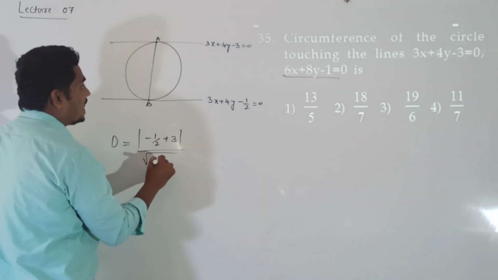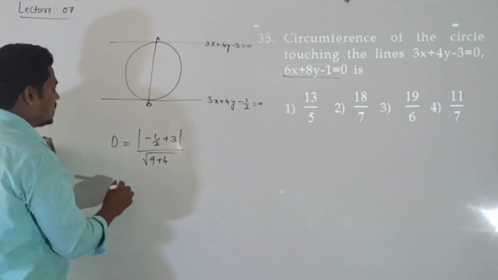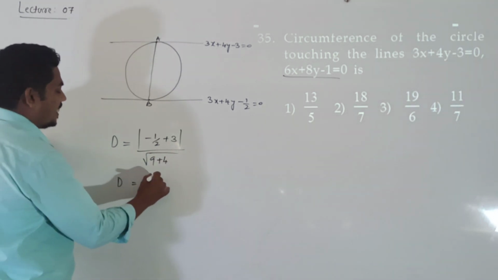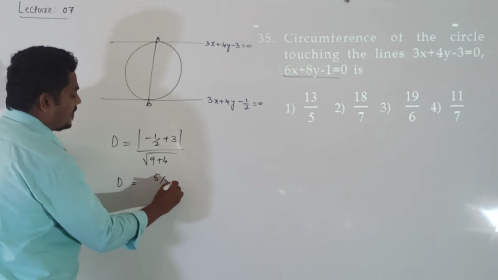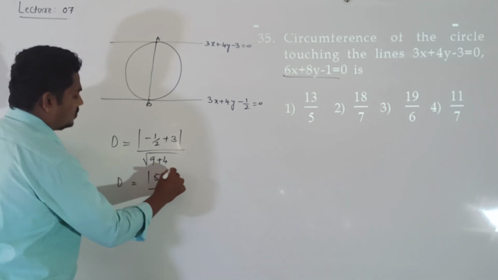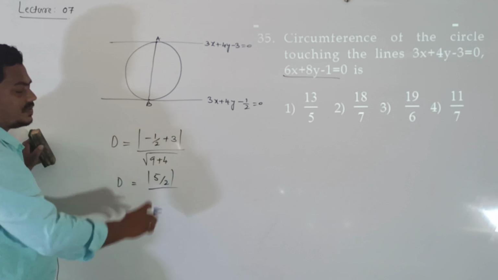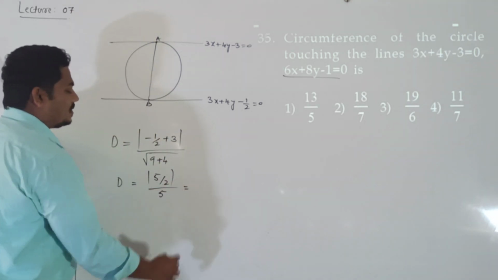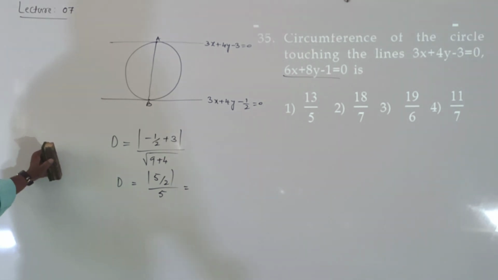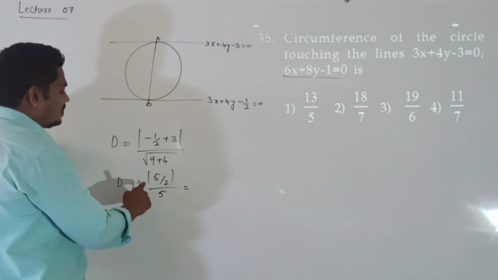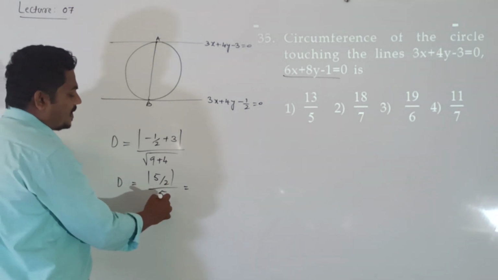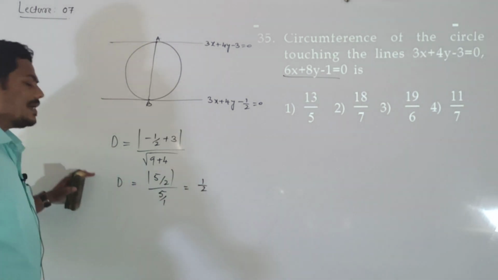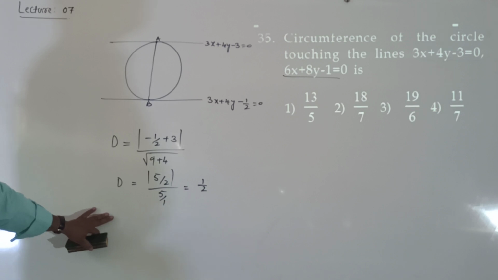What is a square? 9, plus b square 4. If you simplify, that is 5 divided by 2, taking LCM, 6 minus 1 is 5 by 2, divided by 5, that's equal to 1 by 2. Diameter of the circle is 1 by 2.